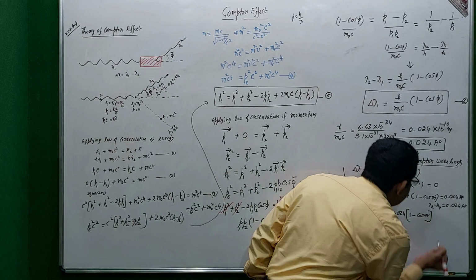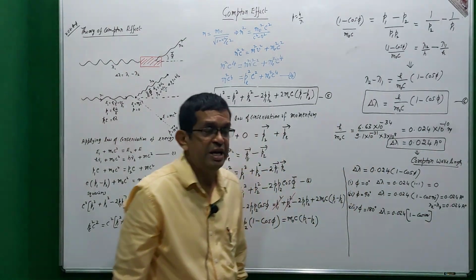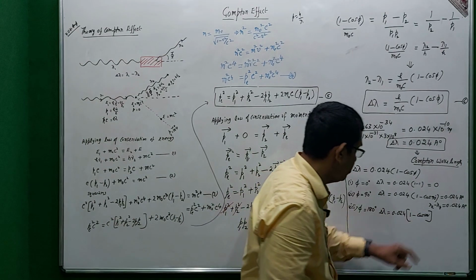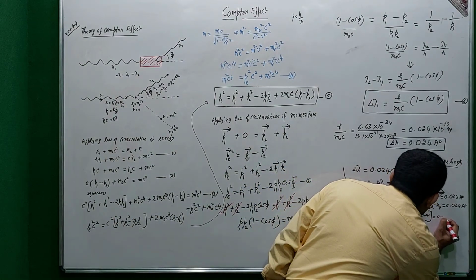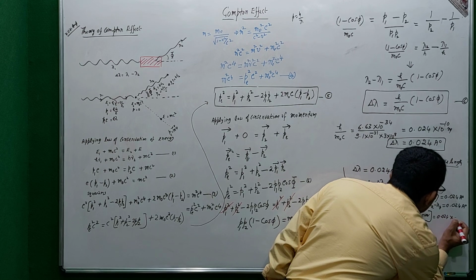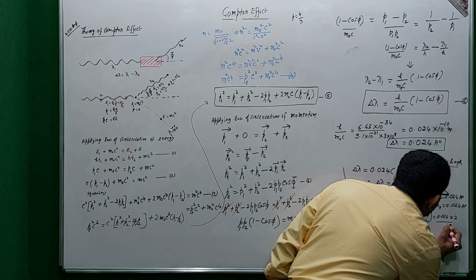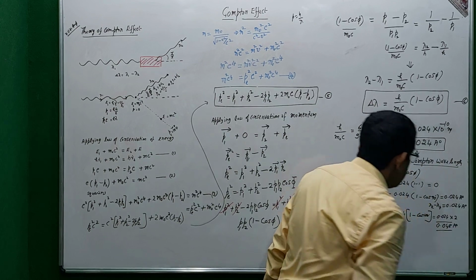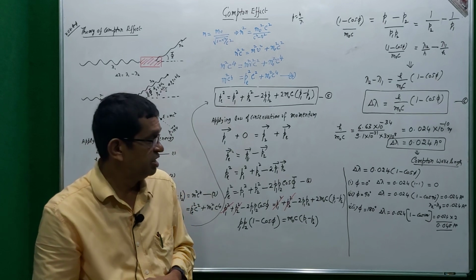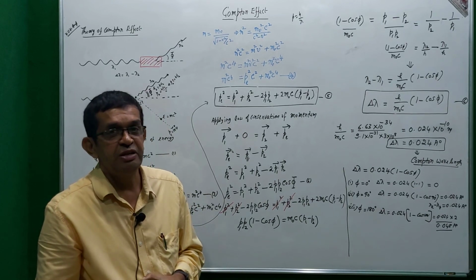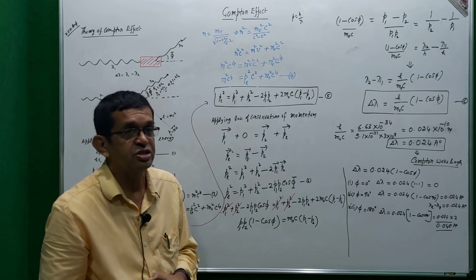What is the value of cos 180 degree? That already you know, minus 1. Therefore, 1 minus of minus 1 becomes plus 1, and it is 0.024 into 2, that is 0.048 angstrom. Therefore, the minimum change in the wavelength is 0, when there is no change, and the maximum change in the wavelength is 0.048 angstrom.